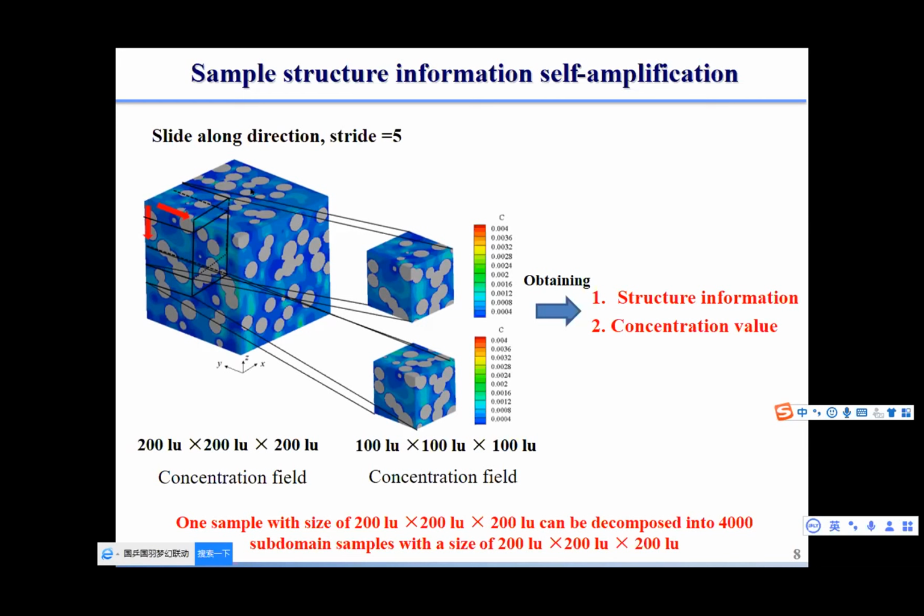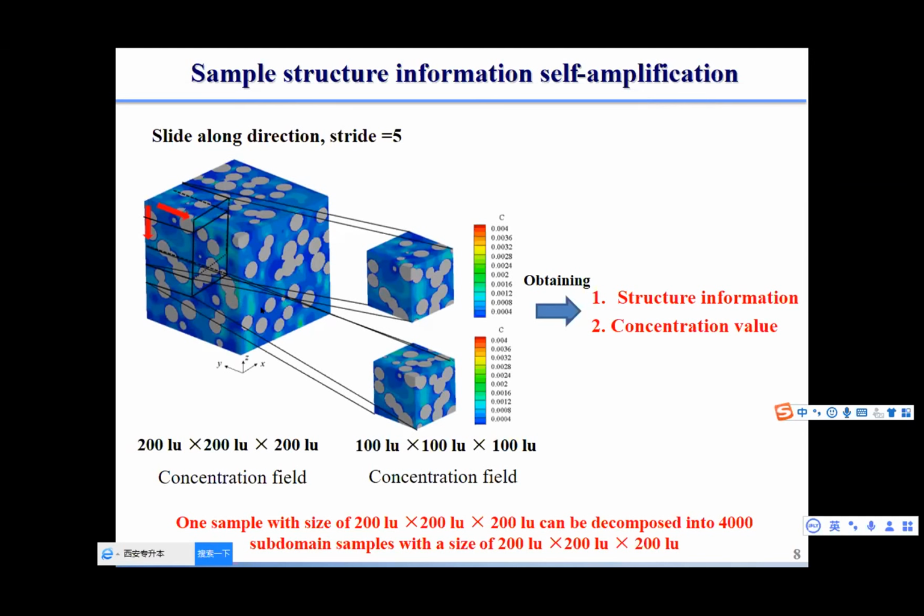For example, this is a porous structure. As we know, this kind of porous structure has a characteristic of self-similarity. So we have an idea: we can cut this porous structure into very small pieces, and we assume that the very small pieces, the elements, have performance similar to the whole three-dimensional porous structure.